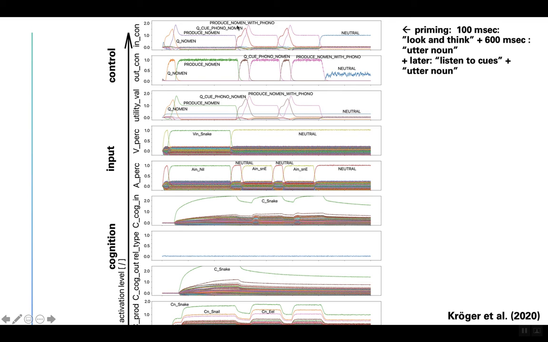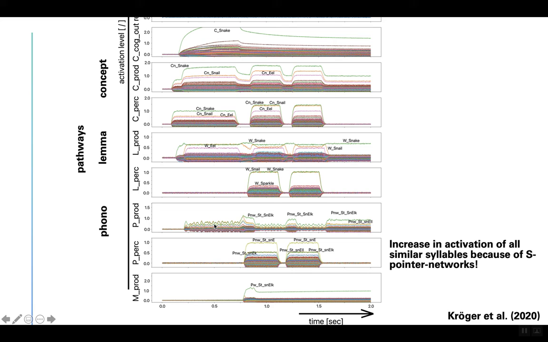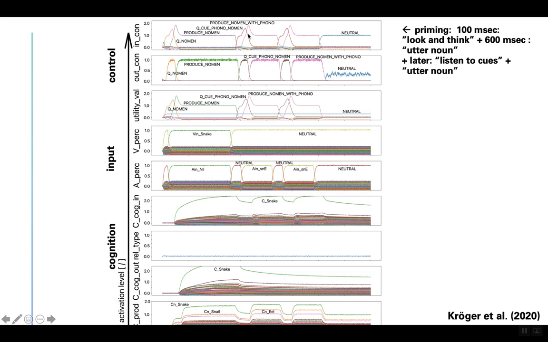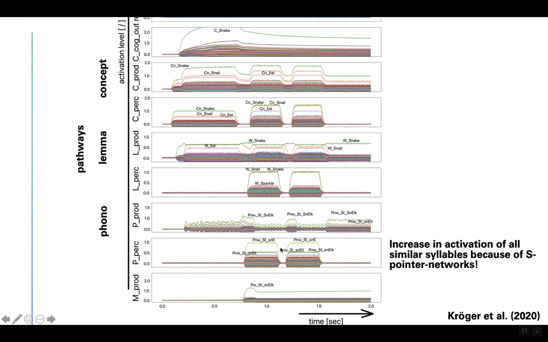And then later we see two further control activities, which mean listen to a cue and try to utter the noun. So here the cues come in two times, here for the first time and here for the second time. So the cues come in, when I go to the bottom, at about 700 to 800 milliseconds, and a second time at about 1 second and 500 milliseconds.